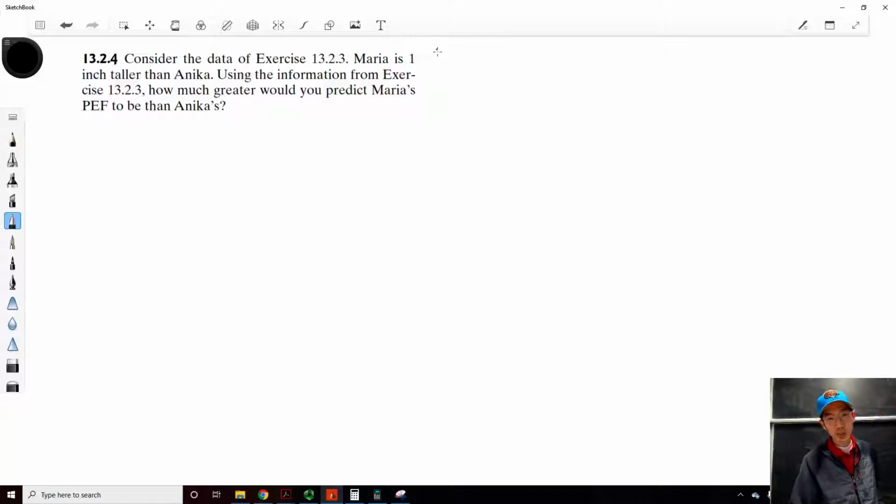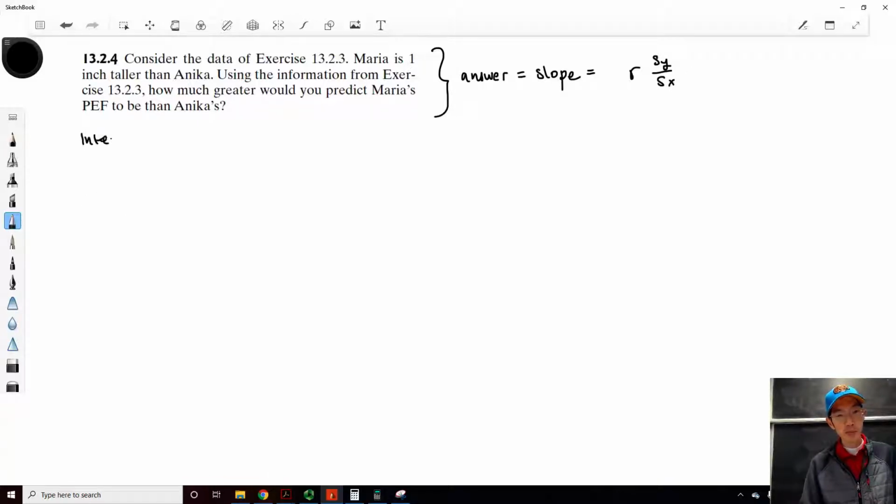So this answer is equal to the slope, which would be r times s sub y divided by s sub x. The interpretation of the slope is the change in y with a 1 unit increase of x, the change in our prediction.